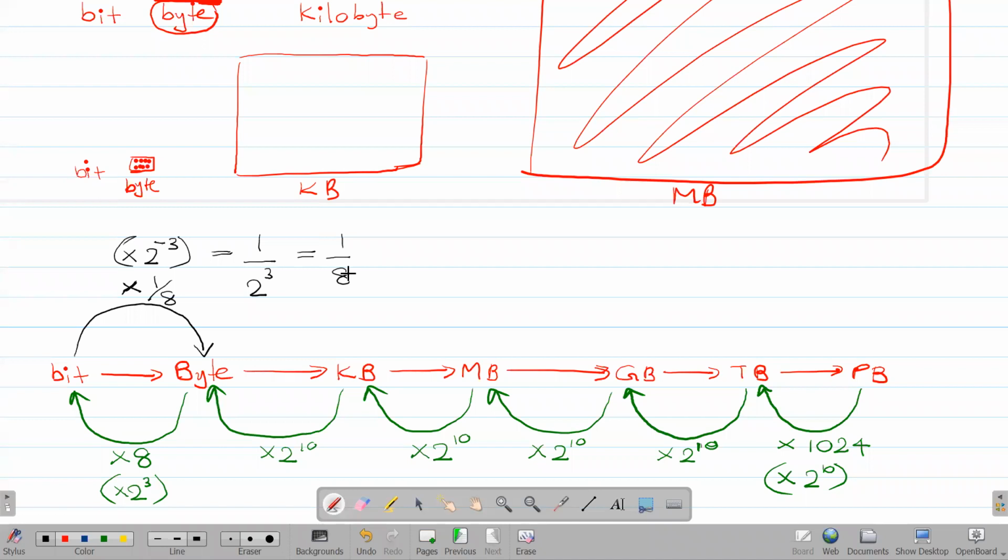In the other cases, from here to here, it's going to be 2 to the power minus 10. And from here to here, it's 2 to the power minus 10 again.